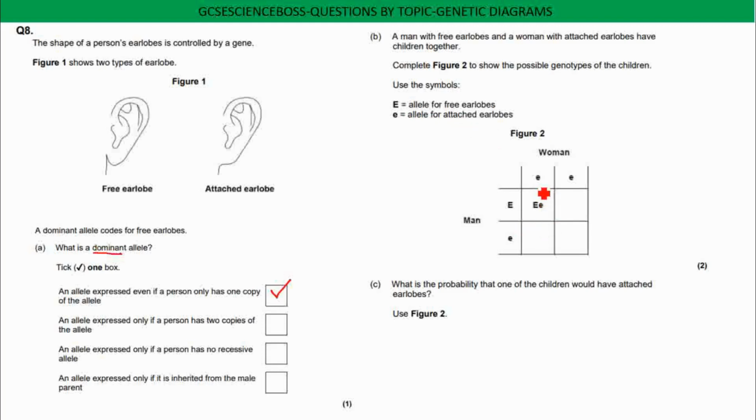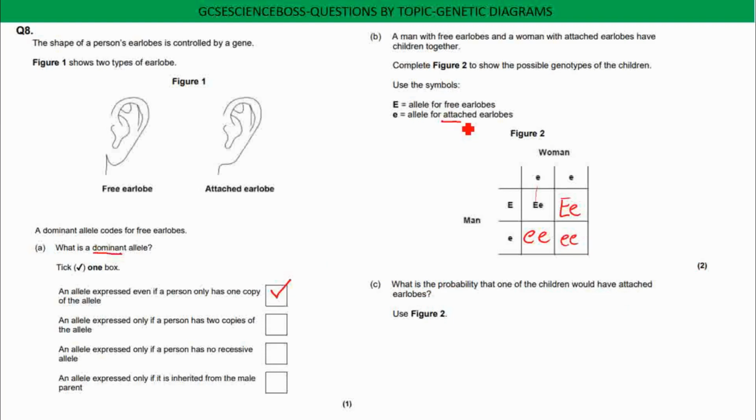Alright, so look, small e, okay, big E, small e. Love it. And then you have small e, love it. This is 3 marks.